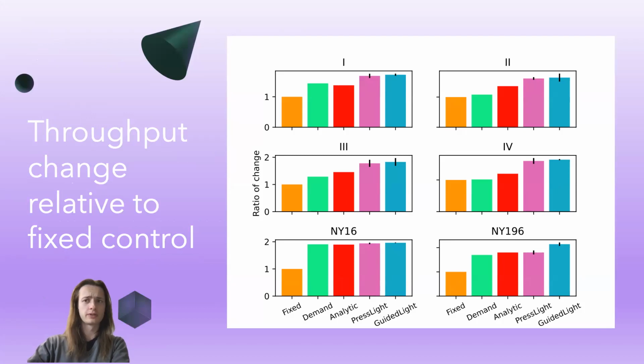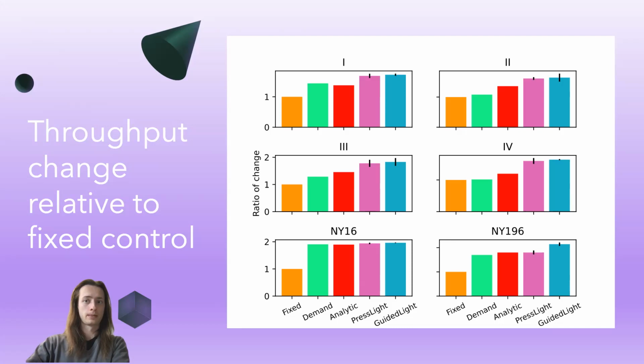That would be different road networks and flow settings. And the last 2 scenarios correspond to parts of New York City with some realistic flows. These methods here are compared to fixed scheduling. So fixed scheduling is one, and anything above that is better.